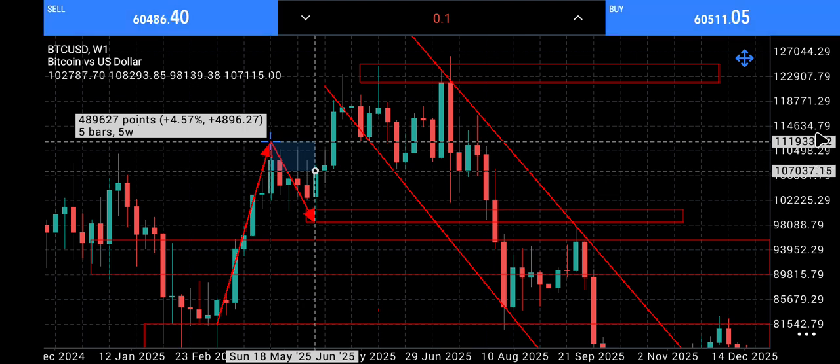So if you get the difference between 111,933.42 and 107,037.15, the difference we get in between here is the profit that you could have made if you bought BTC at this area, at this price, right? So your entry was here, and then your target was here, right?